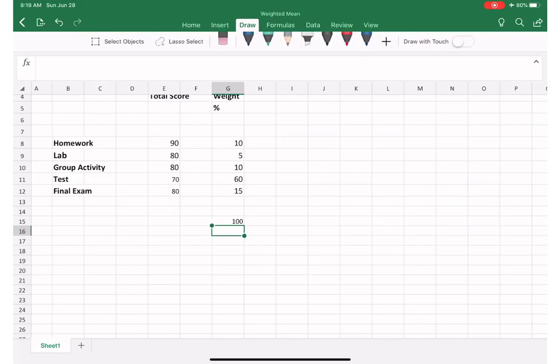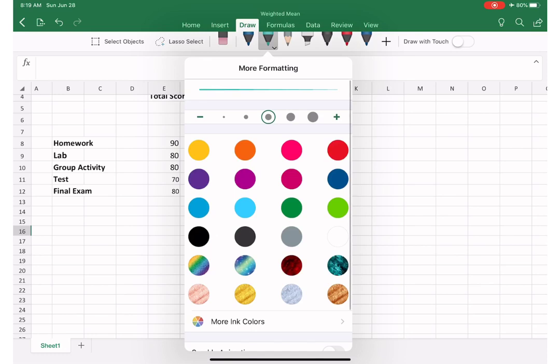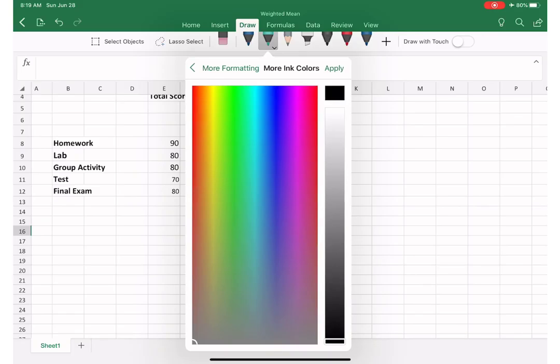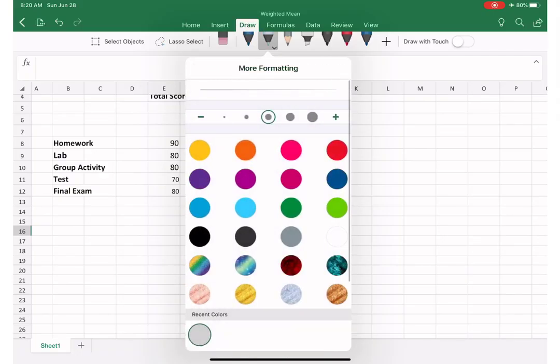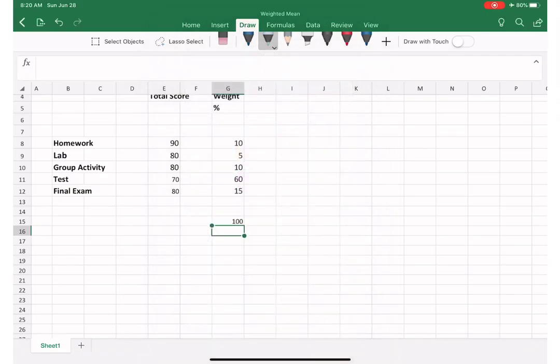So let me shade it so you would know this is your given data. This is what is going to be given, usually.